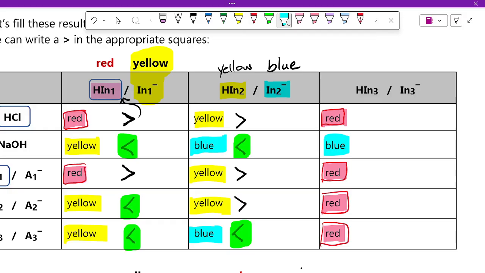HIN3 is what color? Red. Excellent. And IN3 minus is blue.